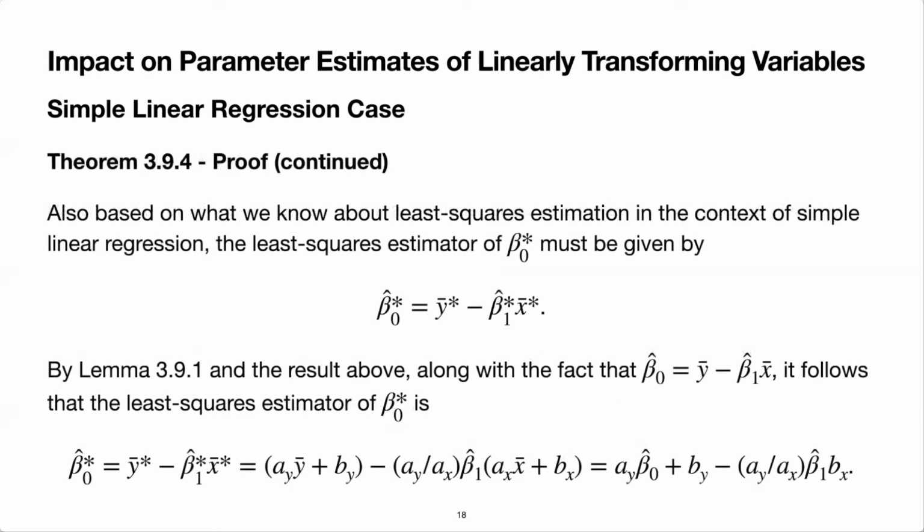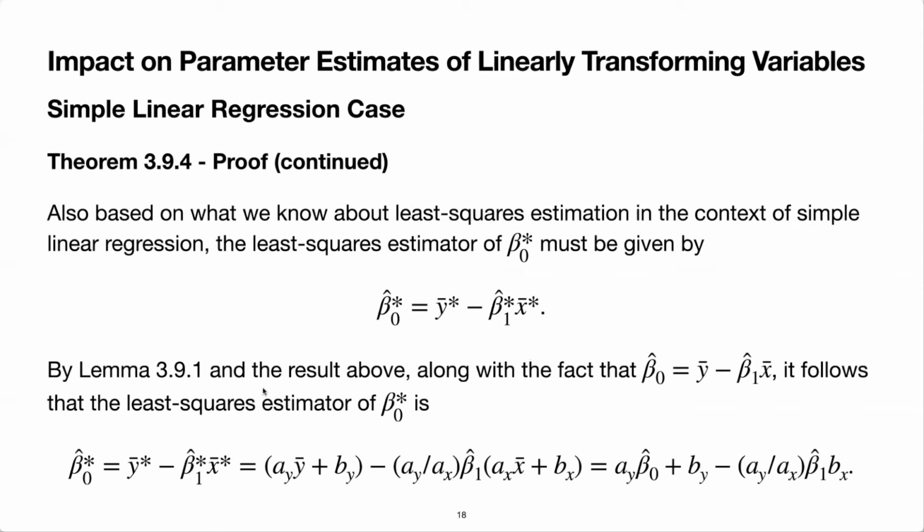Now, also based on what we know about least squares estimation in the context of simple linear regression, the least squares estimator of beta 0 star must be given by beta 0 star hat equals y bar star minus beta 1 star hat times x bar star.